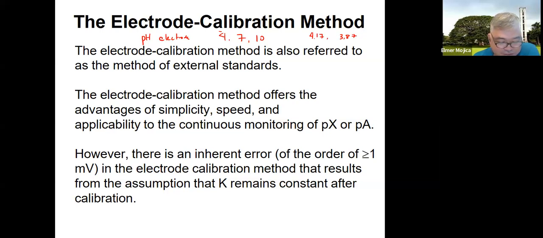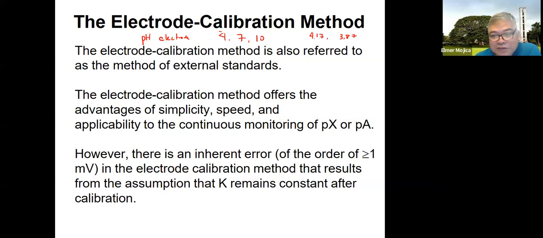So the direct electrode calibration method offers the advantages of simplicity, speed, and applicability to the continuous monitoring of the cation and anion. However, the method has two important disadvantages.